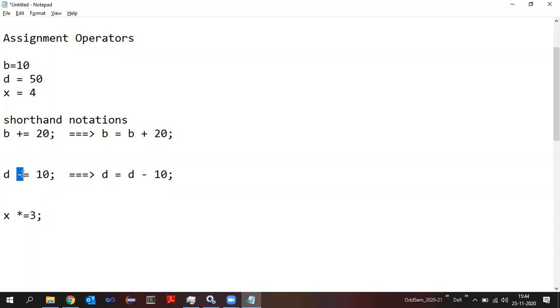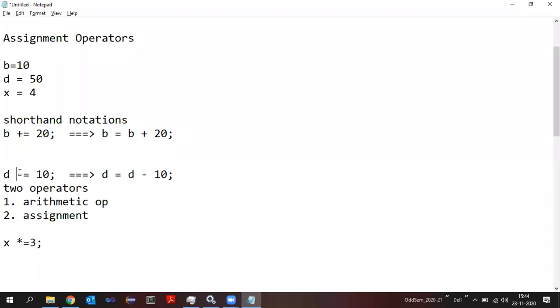The first one is the arithmetic operation, and the second one is the assignment operation. In the shorthand notation, you get to see two operators: first the arithmetic operator, and second the assignment operator.